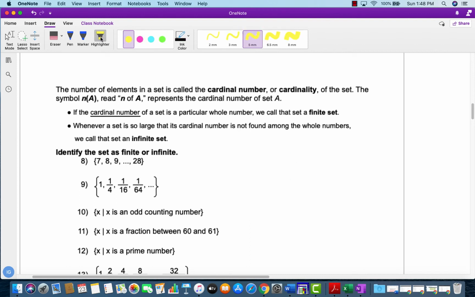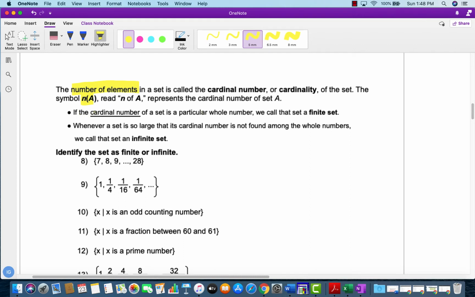So let me start highlighting some stuff. This represents the number of elements. Every time you see n(A), n parentheses capital A, it is asking you for the number of elements, okay? And we'll see right now what that means.